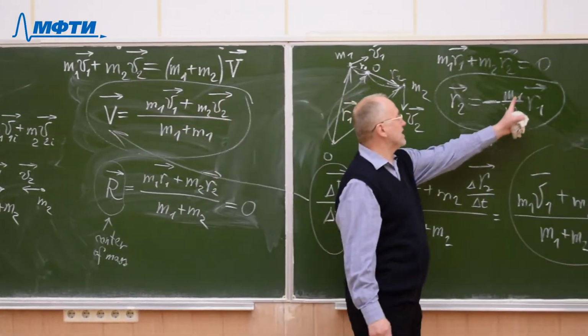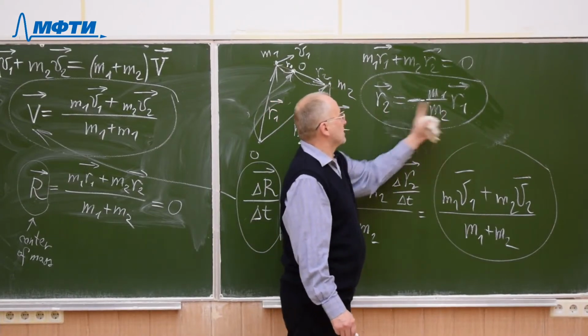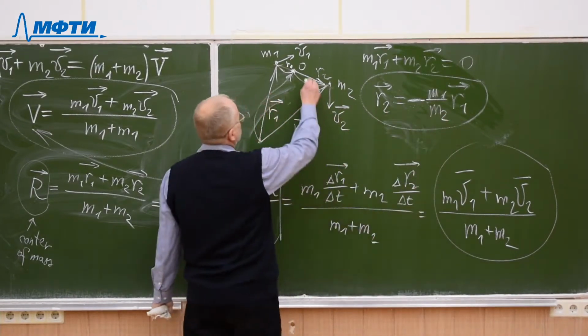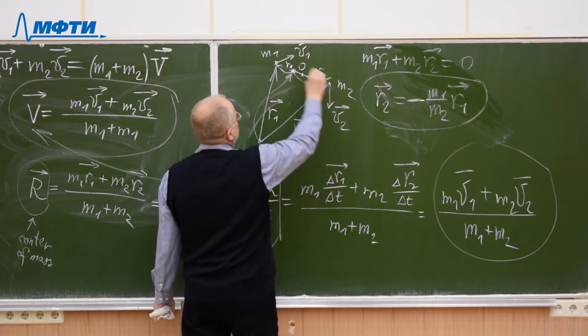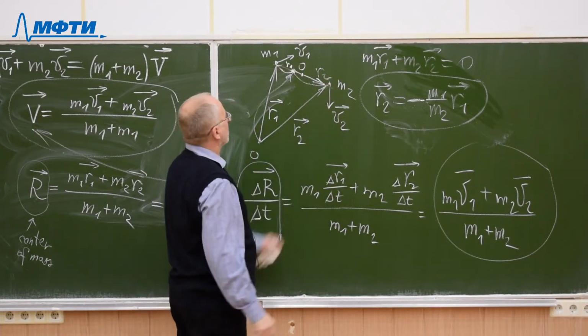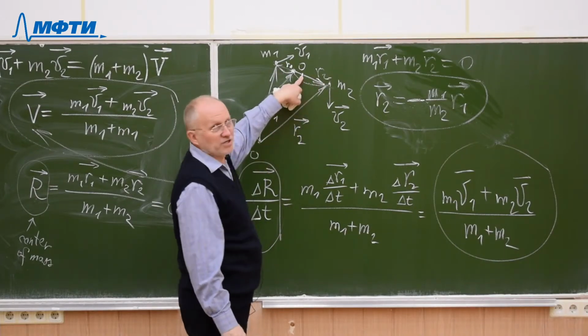If mass 1 equals mass 2, then these two vectors are equal in magnitude, and the center of mass will be located exactly at the center of the section connecting the two masses. The center of mass will be here.